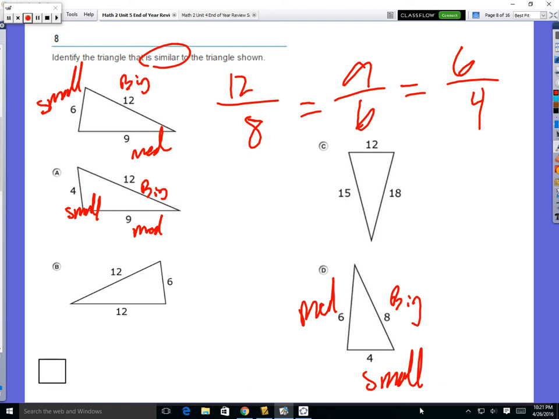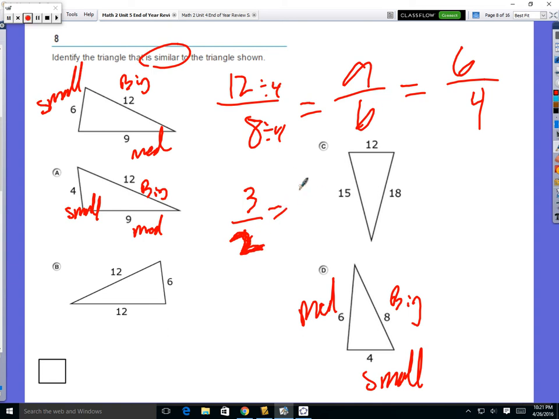Okay. Now these fractions, if you simplify them, they will be 12 is to 8. That's the same thing as 3 is to, let's see, what did I divide by? Divide them both by 4. So 3 is to 2. And then 9 is to 6.